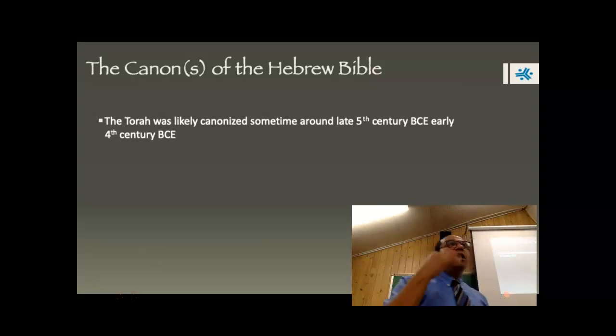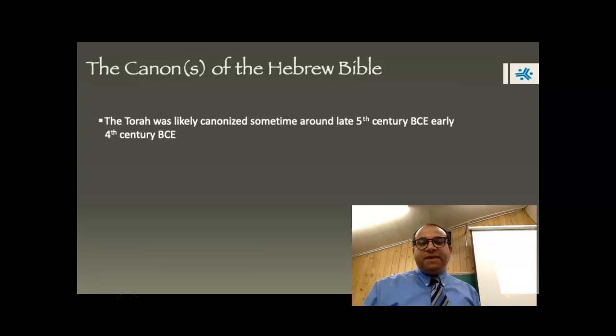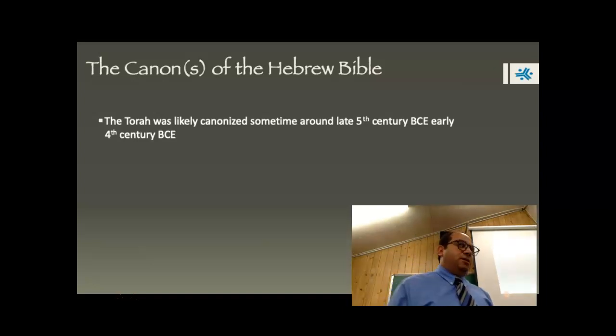So some kind of historical arrangement of how the Hebrew canon was canonized. Scholars believe that the Torah was likely canonized sometime around the late 5th century BCE or early 4th century BCE. So after they came back from the exile, Ezra and the priests played a significant role, and the Torah played a significant role in shaping the identity of the people after they came back.